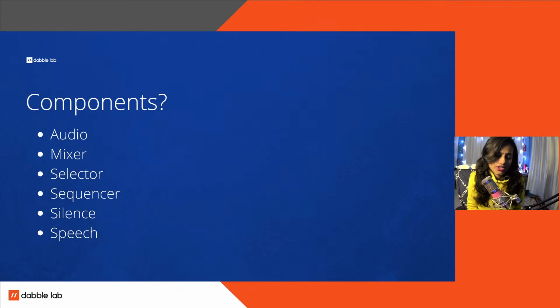Then we have selector and sequencer. Sequencer goes one after the other, just like iterating through an array. Through silence, you can silence it, and through speech, these could be SSML outputs. So you could have some statements inside of code, going one after the other.